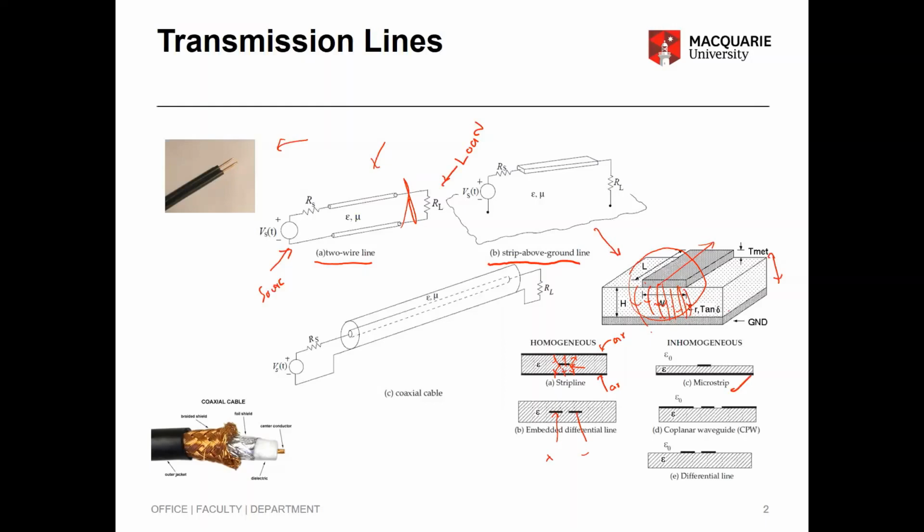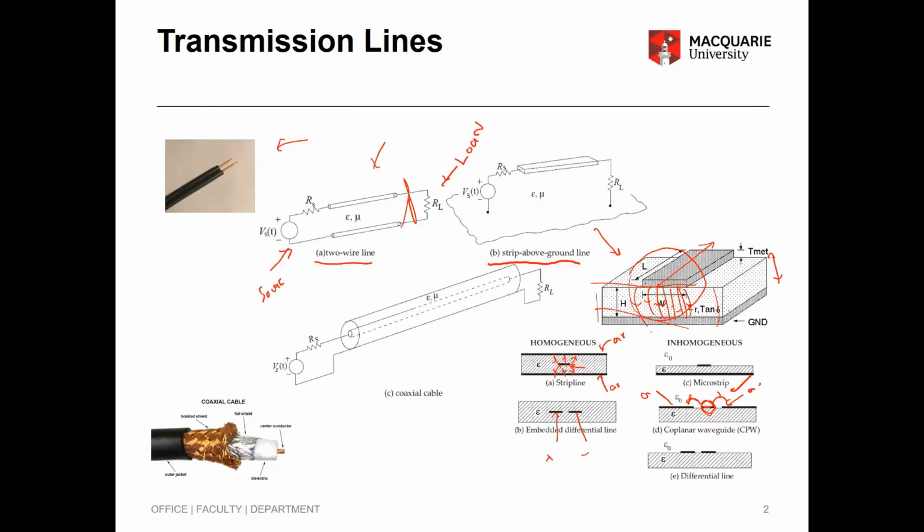Coplanar has the signal path here, with ground on either side. So this E field is from the signal to the ground. This is a side cut or cross section of this microstrip or whatever the transmission line.